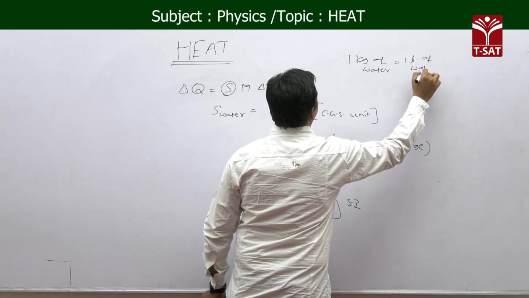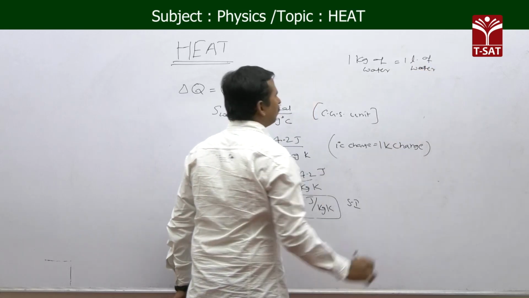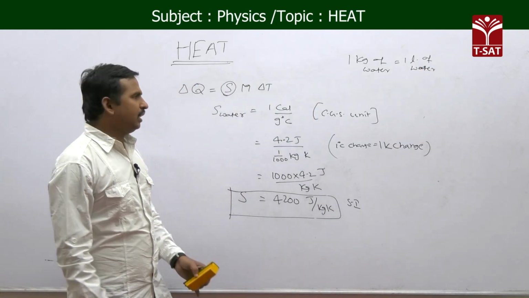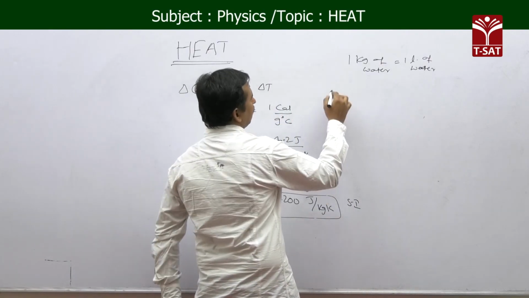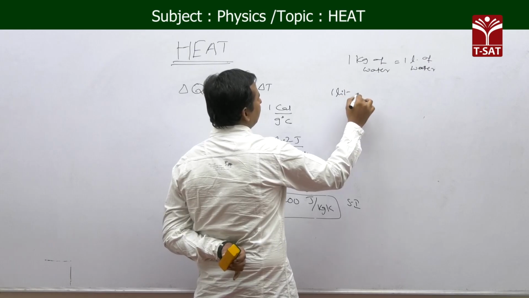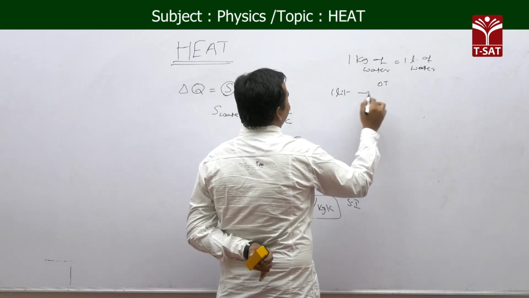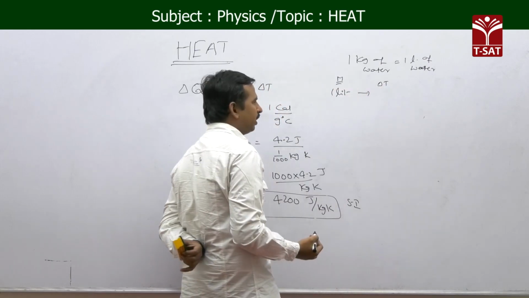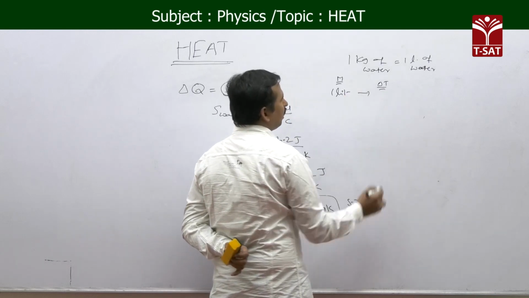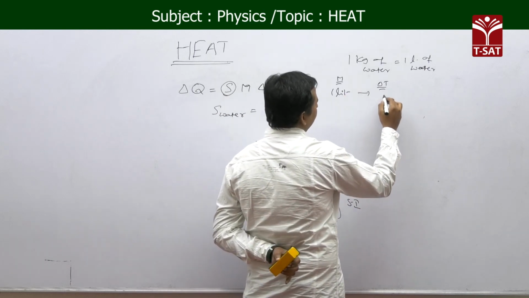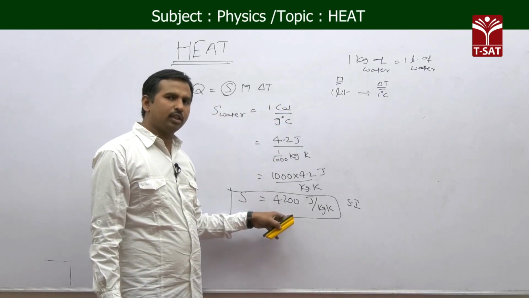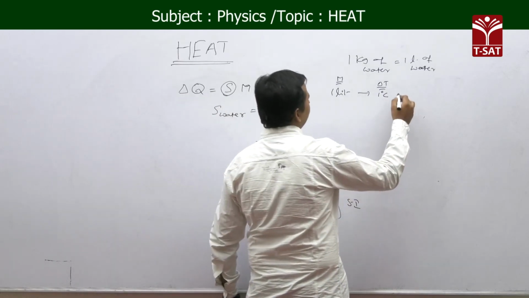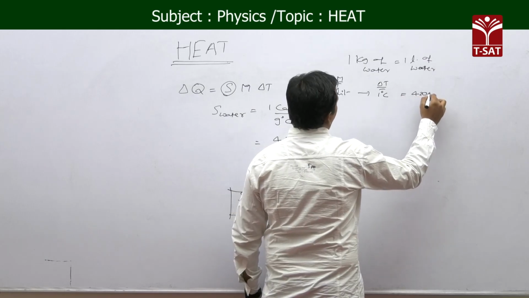So, for example, if you are raising the temperature of 1 liter of water, with delta T let us say 1 degree Celsius, then what is the amount of heat energy required there? 4200 joules.